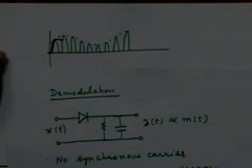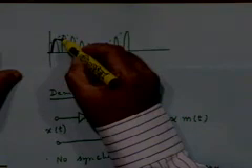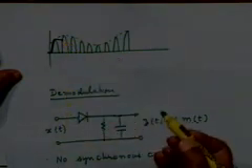Is that clear? And at this time the positive half cycle comes again. At this point the input voltage exceeds the discharge value of the voltage here, and the diode conducts again, right? And again it charges to the peak value, and that's the way things will happen.